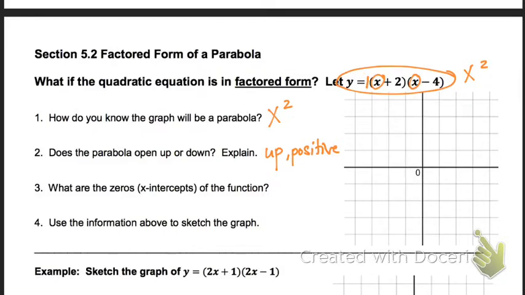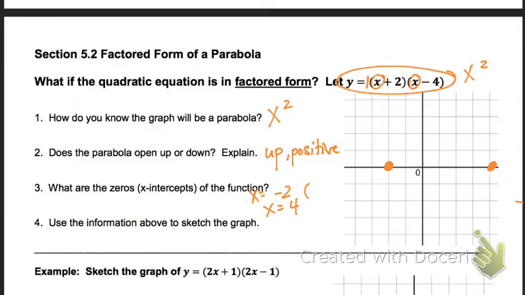What are the zeros or the x-intercepts of the function? -2 and +4. Good. So I'm going to put a point at -2 and then +4, because you set each one equal to 0. So x equals -2, x equals +4. Or you could write them as ordered pairs.